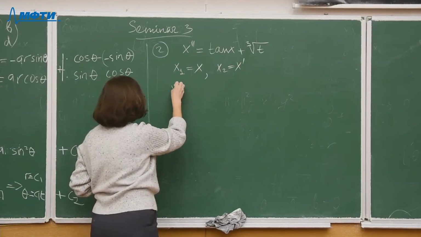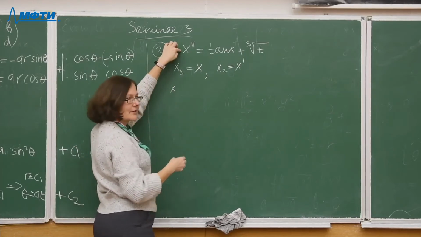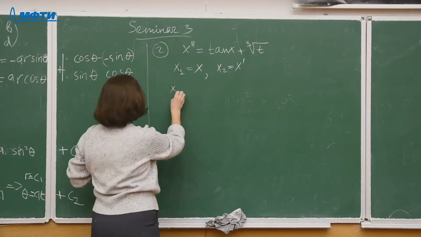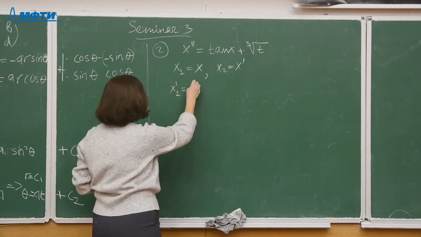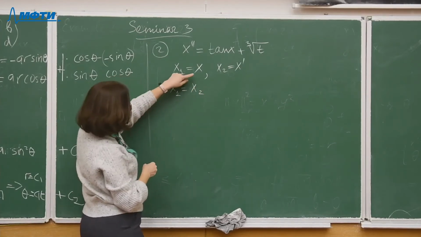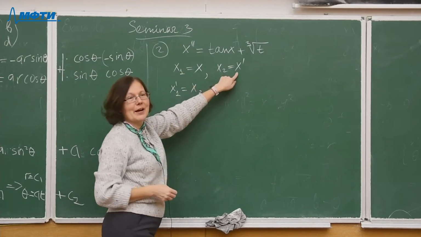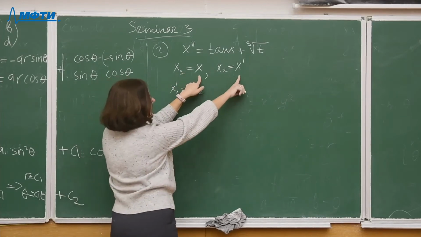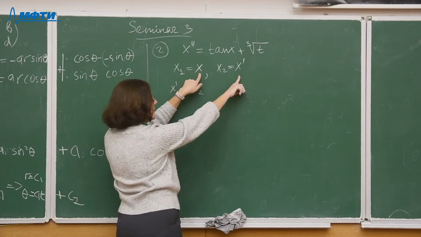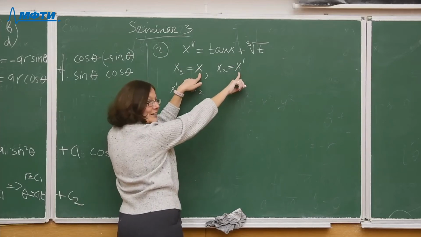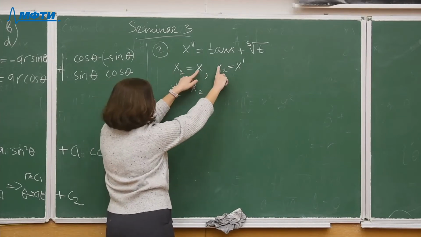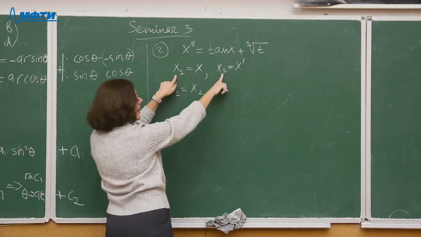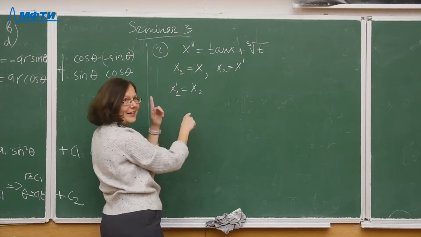Then this second order equation is equivalent to the following: x1 prime is equal to x2. So if we differentiate x, we will get x prime. So this is true for the first of these two equations, right? x1 prime equals x2. Clear?